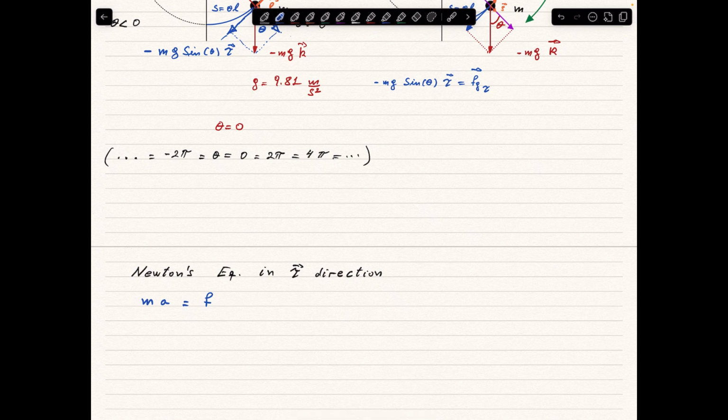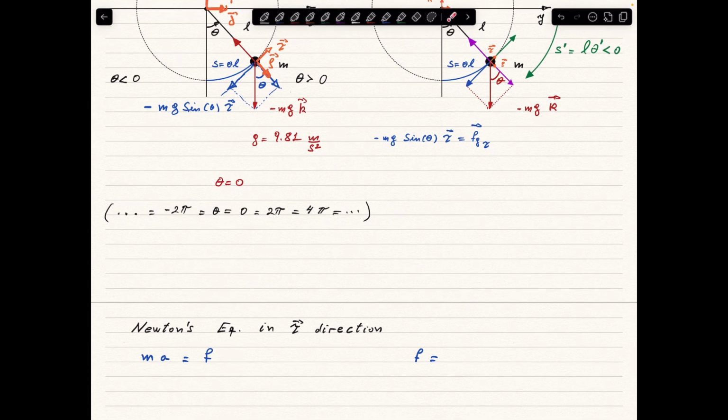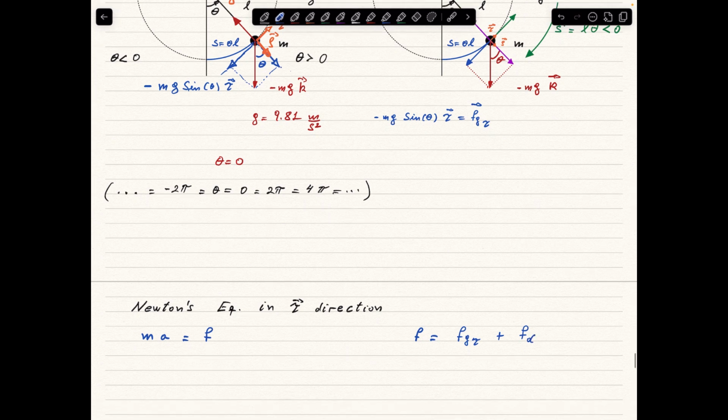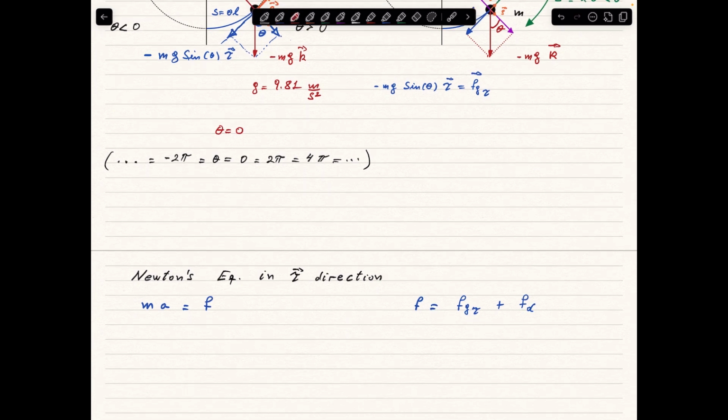And the forces acting on the pendulum are, well, we have two forces, the green and the blue. We call it the force of gravity in the tangential direction, plus the force due to friction that is always in the tangential direction. Recall that the force due to gravity in the tangential direction, let's keep it blue because this force is written in blue here.